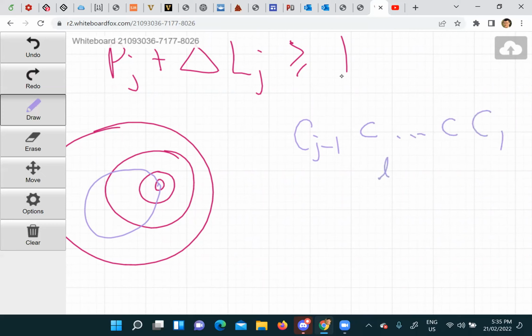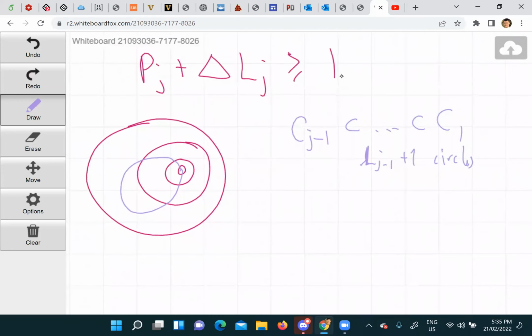And then there's Lj minus 1 plus 1 circles here. That makes sense? So you're guaranteed to have that. Let's call this the center. Cj has to pass through that.